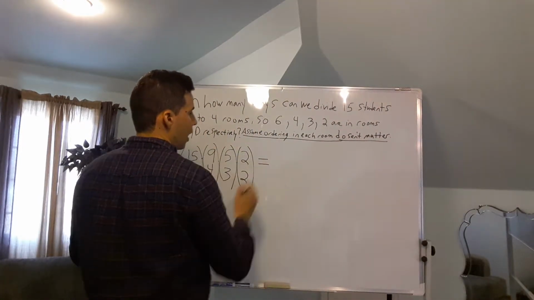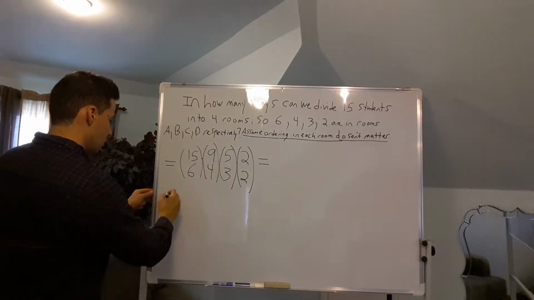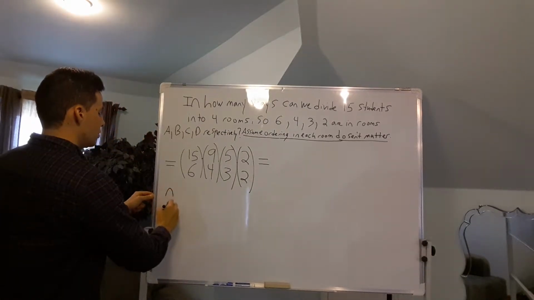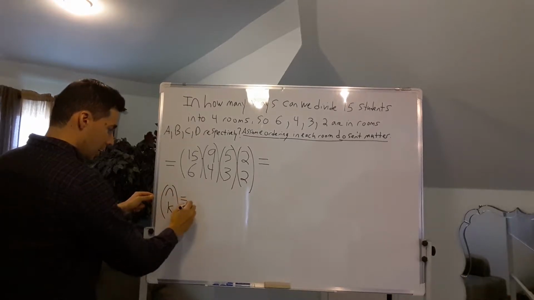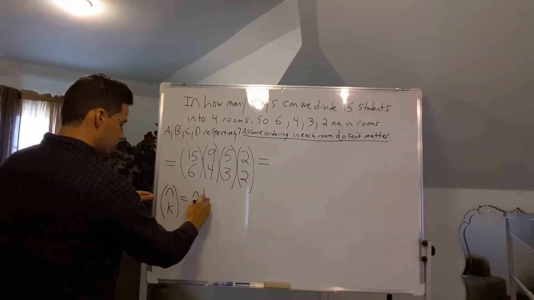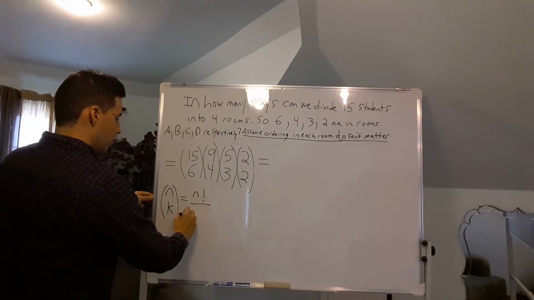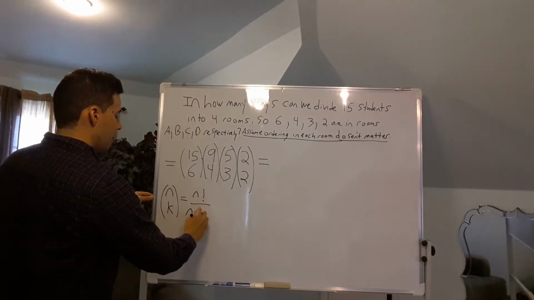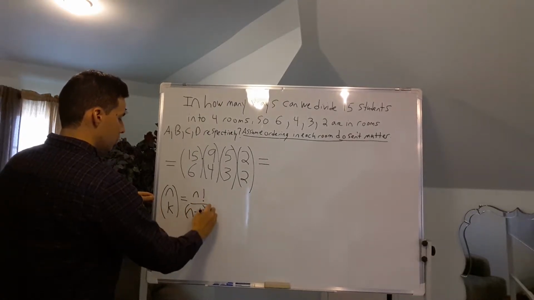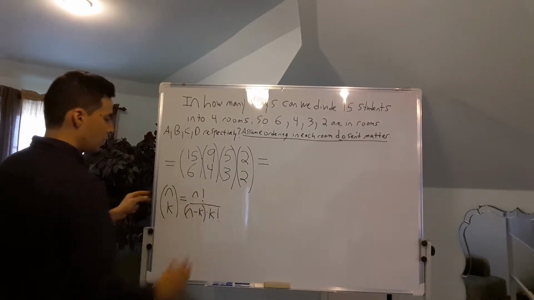Let's write this out using the combination formula. With combinations, when you're finding n choose k, it's equal to n factorial over n minus k factorial times k factorial. This is the combination formula.